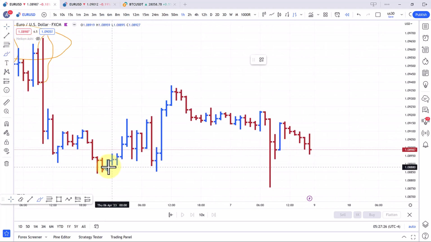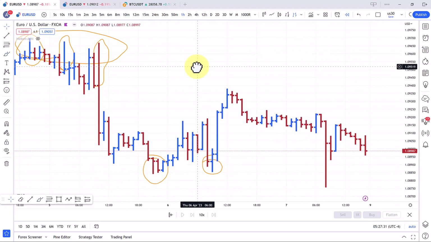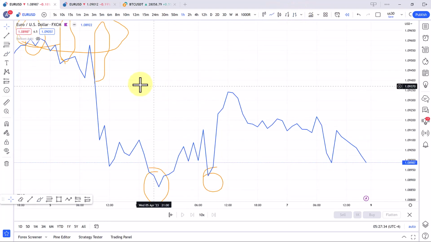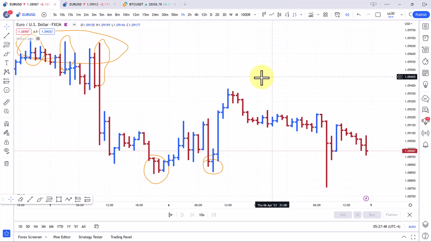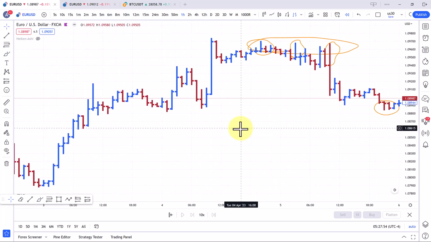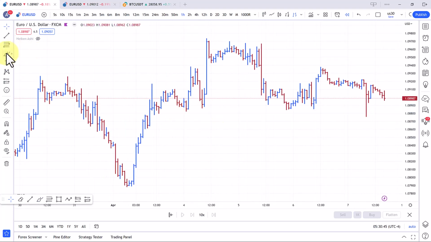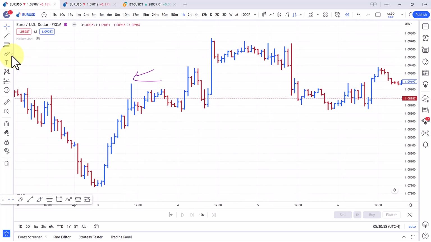Or when we go further, we can see that here and here, but we can't see these support and resistances on line charts. Let me show you. You see that it is not visible on this chart. So it shows us the support and resistances, and that is important for us. Or for example here, let me show you here. You may say that it is a fake shadow and it is not important because it got broken, but we have a golden rule in trading that is result versus effort.